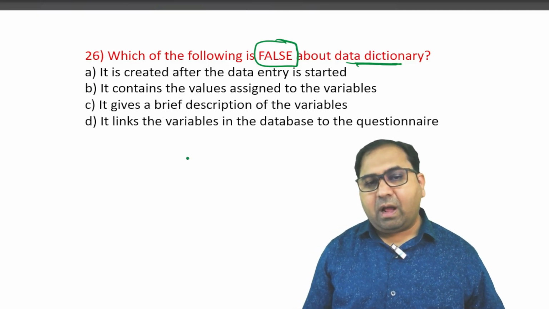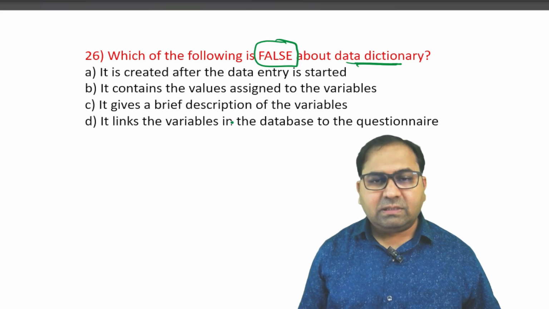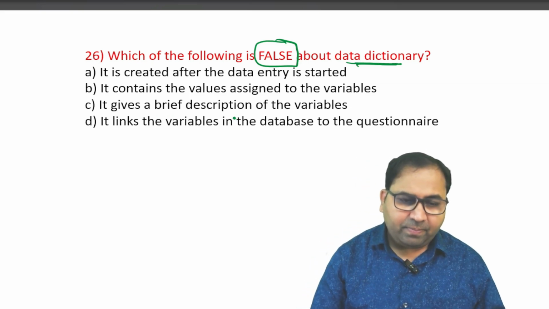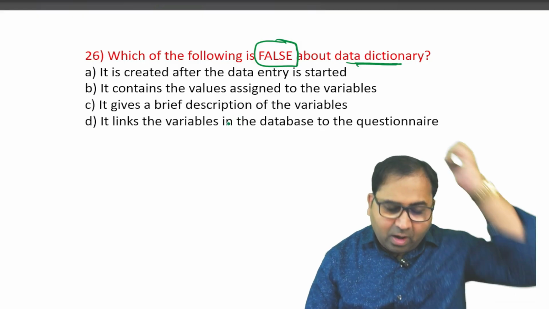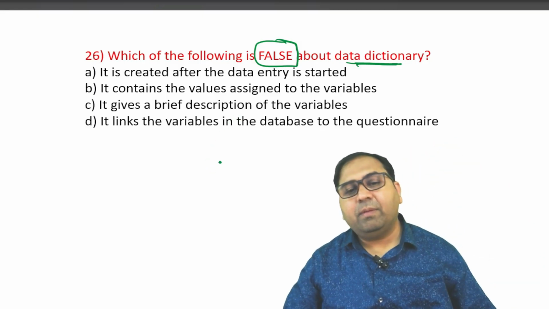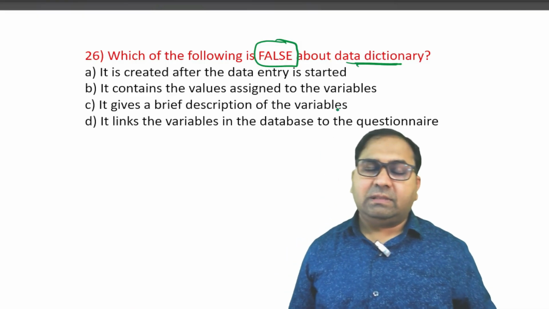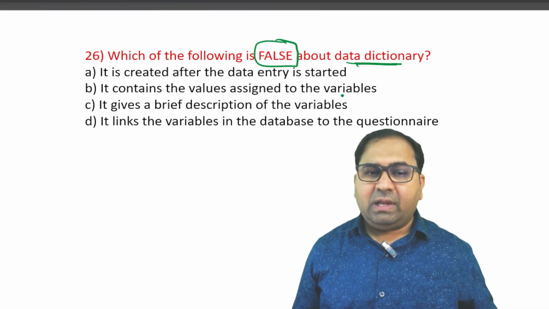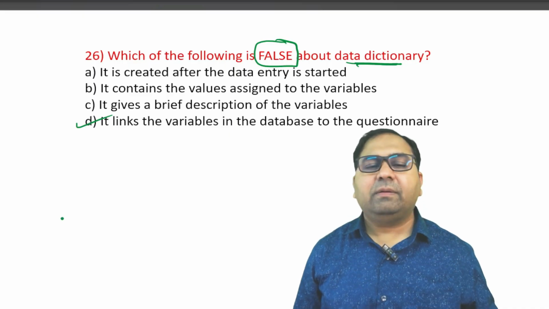A, that it is created after the data entry is started, or B, it contains the values assigned to the variables, or C, it gives a brief description to the variables, or D, that it links the variables in a database to the questionnaire. We have seen a slide on the data dictionary where it speaks that it links the variables in a database to a questionnaire. Yes, this is correct.